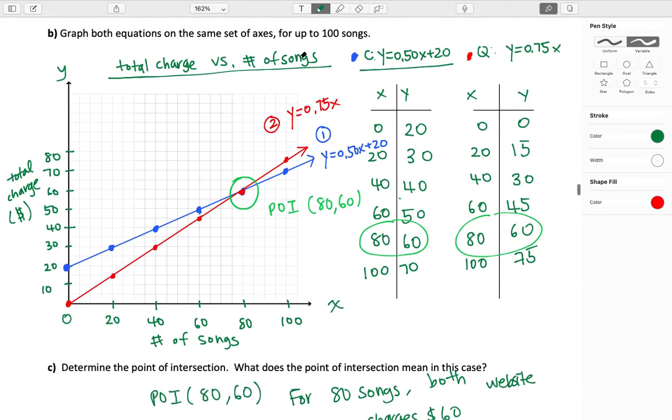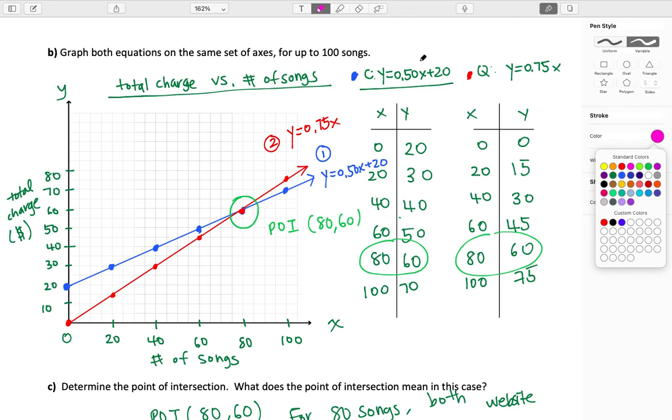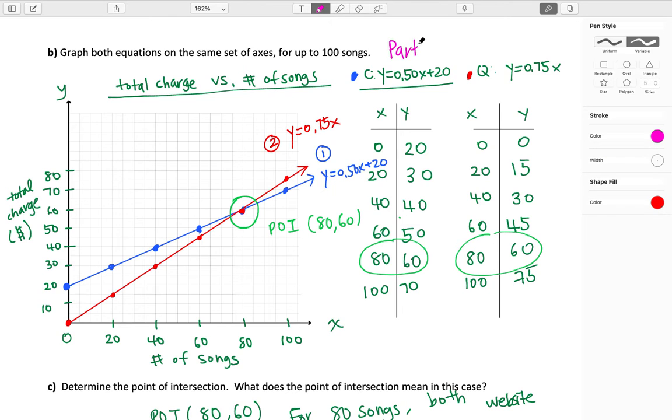So just by looking at the equation, we know that this is going to be my partial variation, meaning that it doesn't start at 0, 0 because I have an initial fee. On the other hand, Q Tunes is a direct variation because it starts at 0, 0. So direct variation Q Tunes is better if you are downloading less than 80.